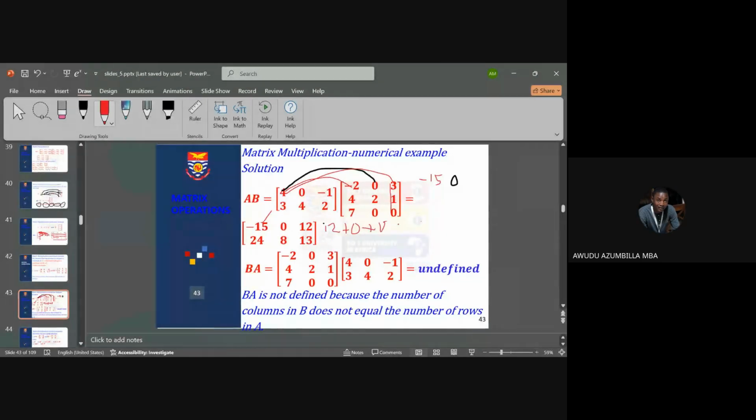So at the end, we have 12. That gives you the first row.